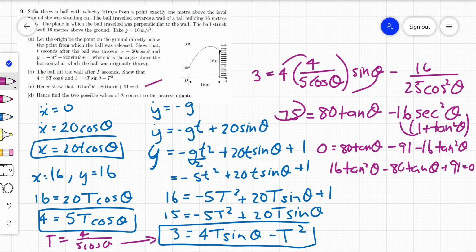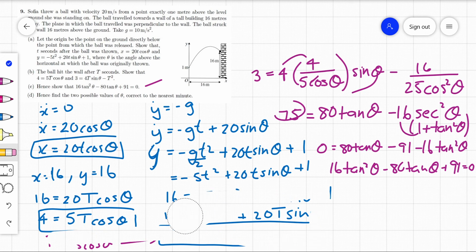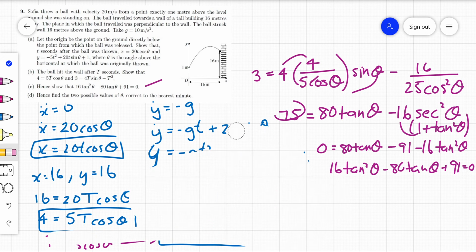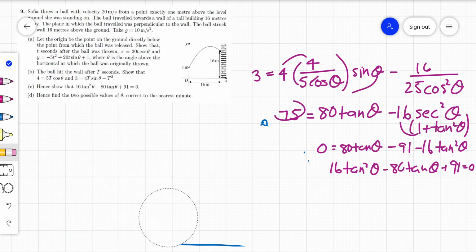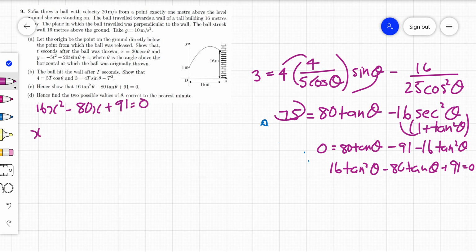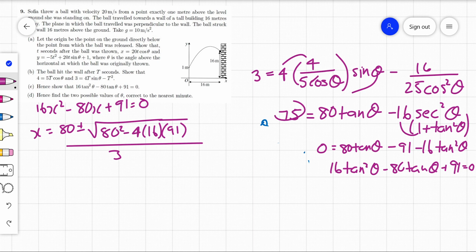Hence, find the two possible values. So we're just solving this equation. I might start by letting tan theta be x, something easier to write down. So something like 16x squared minus 80x plus 91, just to make it easier to work out. You can factorize if you want, or use negative b plus or minus the square root of b squared minus 4ac, all over 2a.